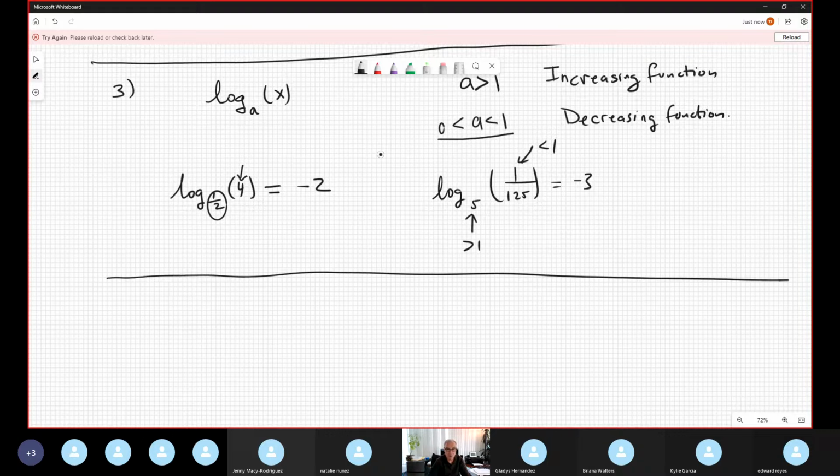Okay, property number 4 is the typical points. Remember, to make a rough graph by hand of the exponential or the logarithm, we need only 3 points and the asymptote. The typical points are 1, 0, which is the universal point for the logarithmic function.